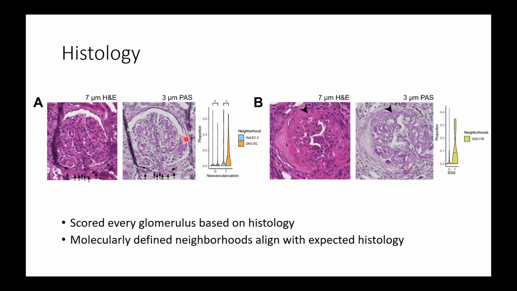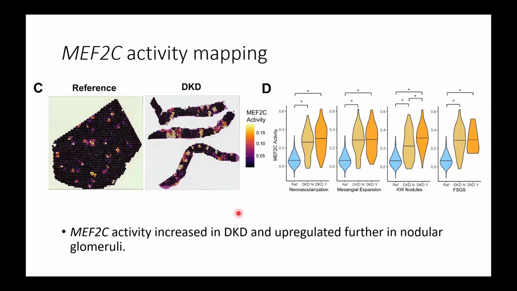Here's another example of segmental glomerulosclerosis, where, just essentially to validate, we can see this neighborhood that had more fibrosis associated with DKD that maps onto glomeruli with segmental glomerulosclerosis. And so we are able to align those identified neighborhoods with the expected histology. The next thing that we looked at was the MEF2C activity.